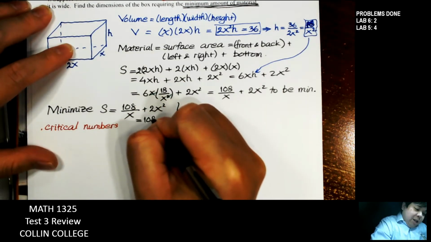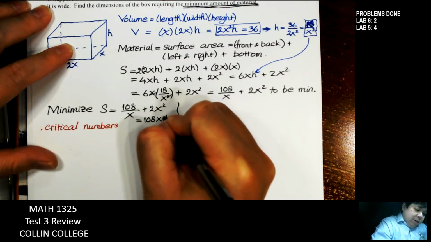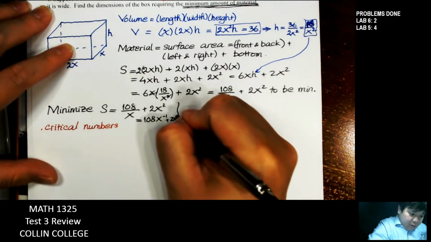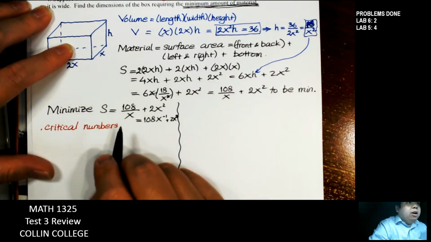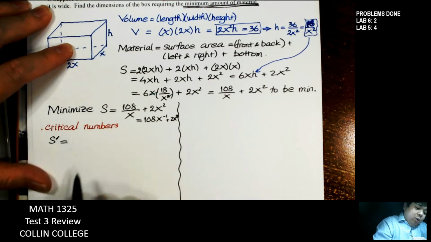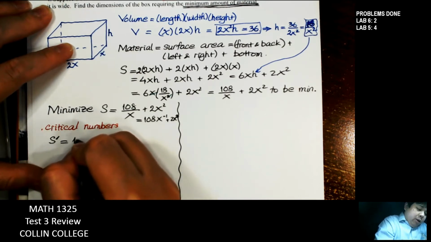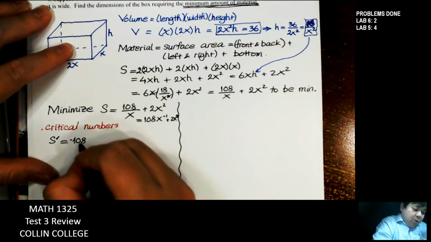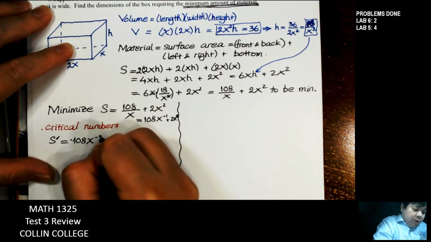So we take the derivative. Before we take the derivative, we should simplify the function. Rewrite the function as 108 x to the negative 1 plus 2x squared. Now we take the derivative.